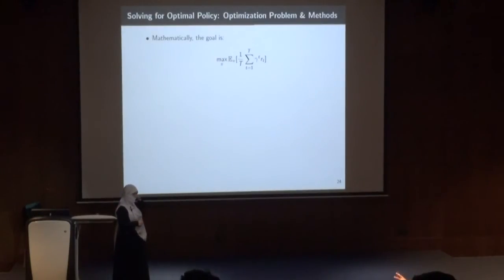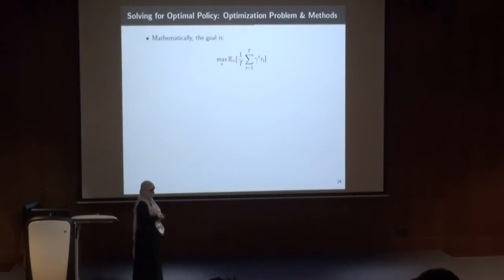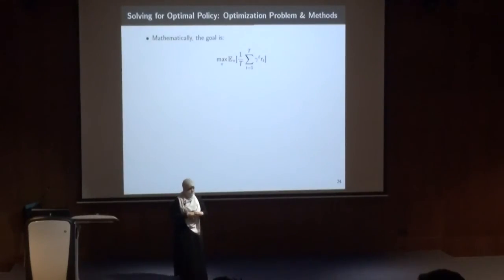Okay, but if we are taking the expected value of the sum of these, where do we put the probability term? The probability for each reward, actually there is a probability. Exactly. So if I am in this state, I will go to another state.